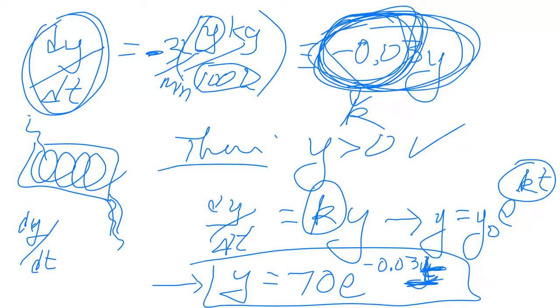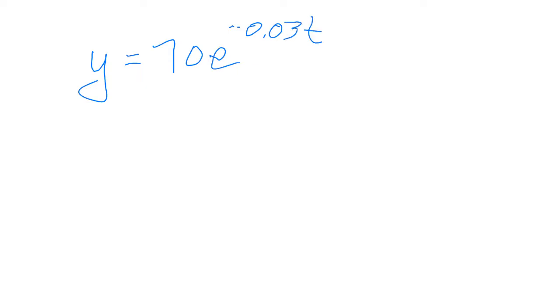And then what we're going to want to do is plug in t equals 60 minutes, right? So we're going to plug in t equals 60 minutes right here for t and come up with that. I'm going to erase this so I don't have such crud on here. But once again, we had y equals 70 e to the minus 0.03 t power.